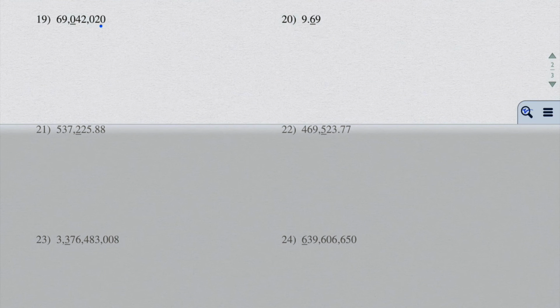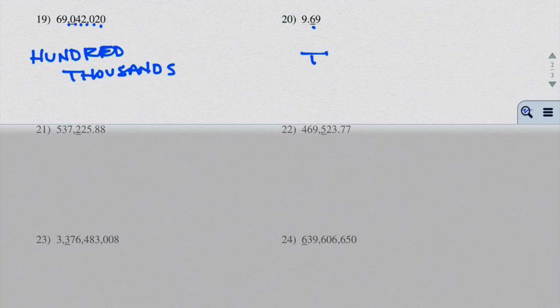Number 19. Ones, tens, hundreds, thousands, 10,000s, 100,000s. Number 20. The 6 is in the tenths place.